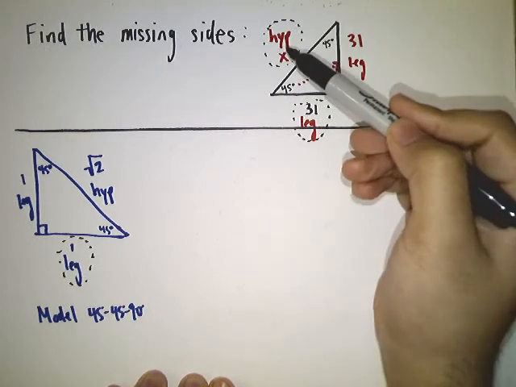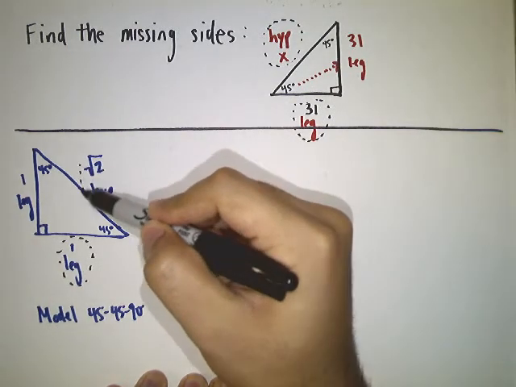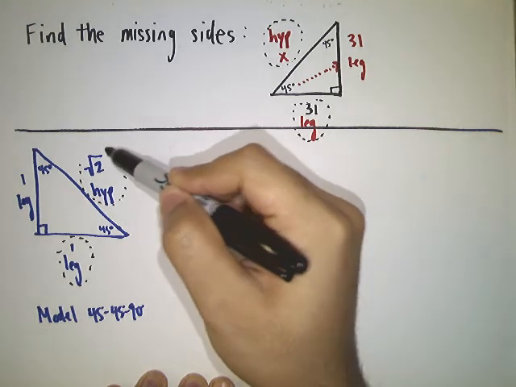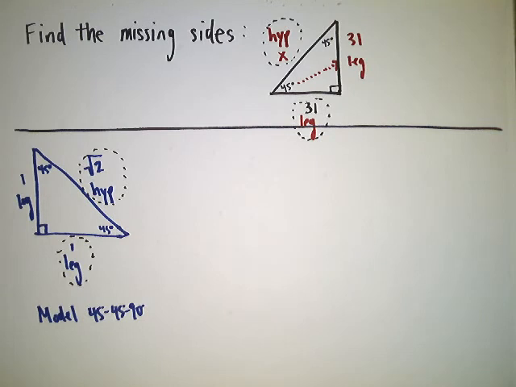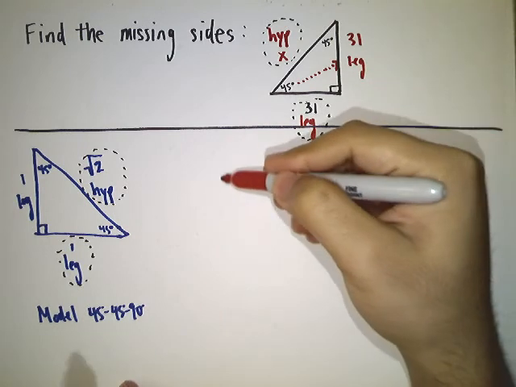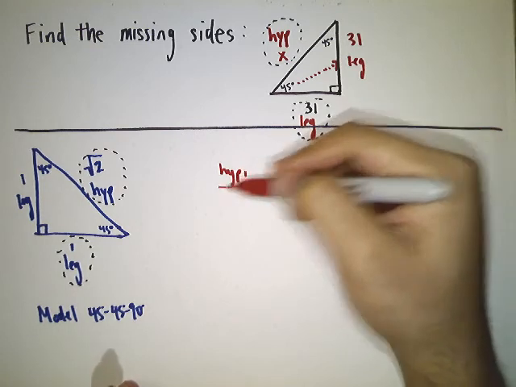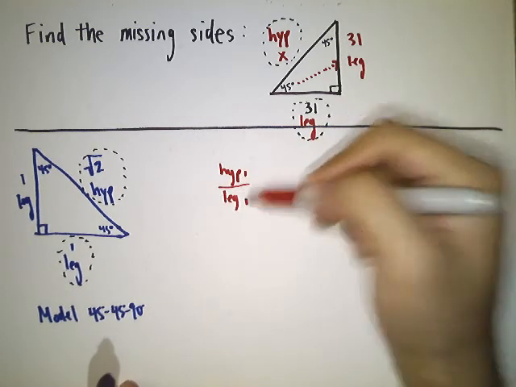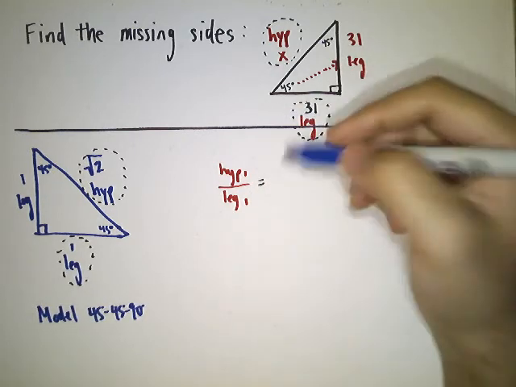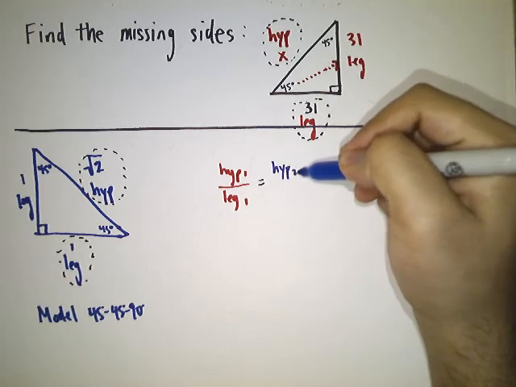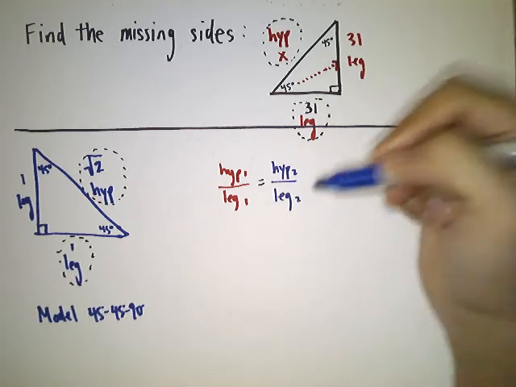So we circle the hypotenuse there, and we'll figure out how long it is compared to the hypotenuse in our model triangle, which we do know. So that means hypotenuse 1 divided by leg 1 equals hypotenuse 2 divided by leg 2.